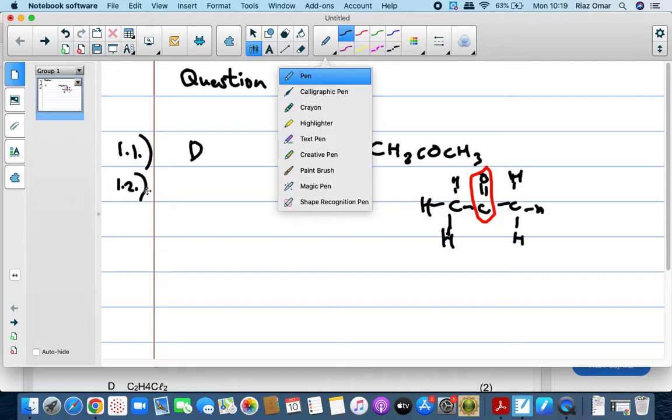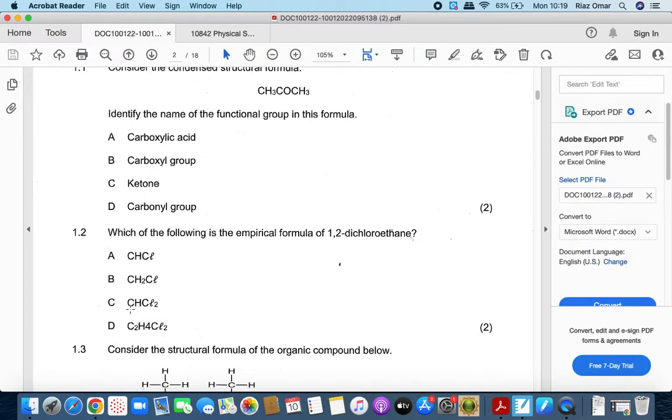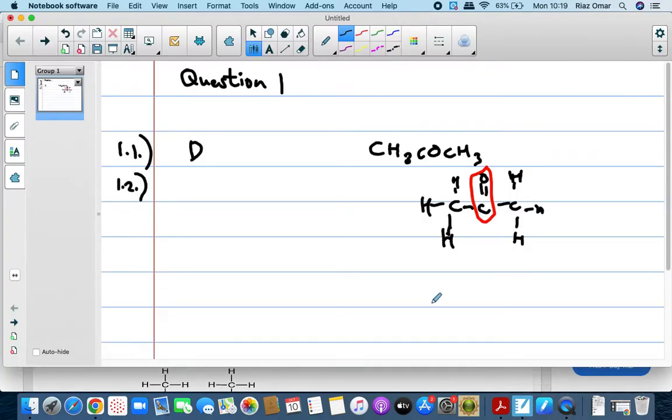1.2, if you work it out, the question is: which of the following is the empirical formula of 1,2 dichloroethane? So let's again draw 1,2 dichloroethane. If you have to draw it, it will be chloroethane.